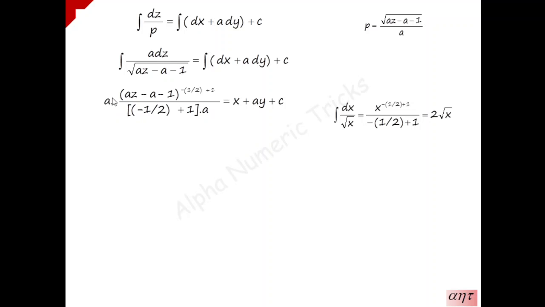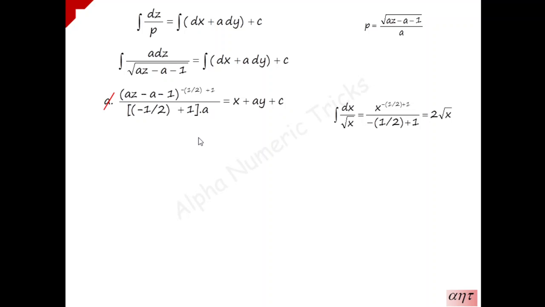In the same way we apply this to the other term. This is of the form ax minus a minus 1 whole power minus half plus 1, divided by minus half plus 1, into the differentiation of this with respect to a. You have to write it in the denominator into a, and the 1a is in the numerator, which is equal to the integration of dx, that is x, plus a into the integral of dy, that is y, plus this constant.